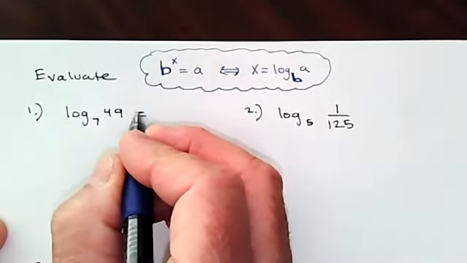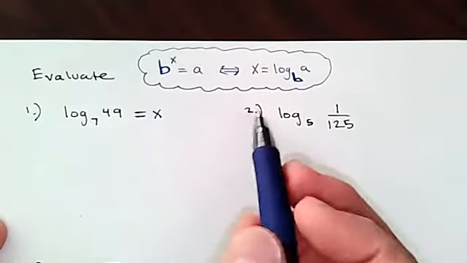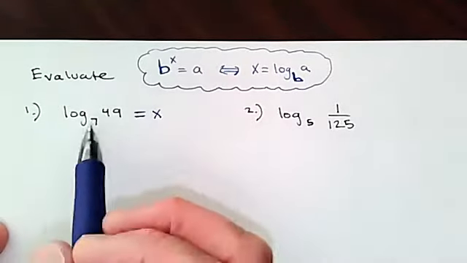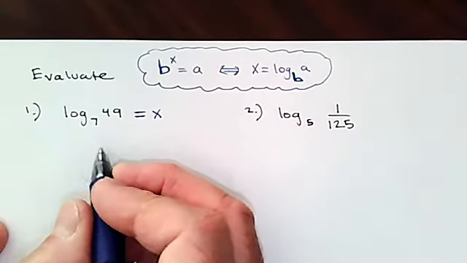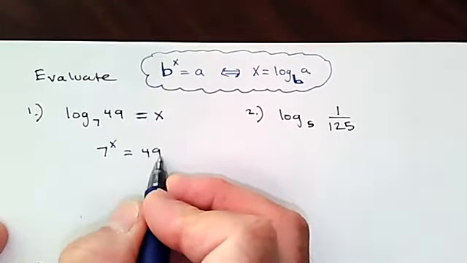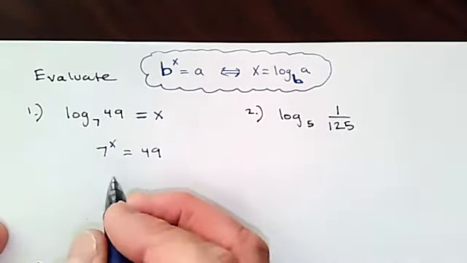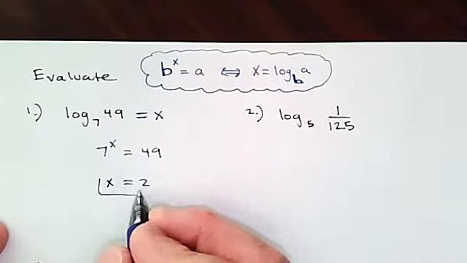We don't know what the log base 7 of 49 is yet, so let's call that x. If we use this as a guide, then the exponential equation that goes along with this would be my base 7 to the x equals 49. And then it's, oh, that's pretty easy. x would be 2, would be my answer.